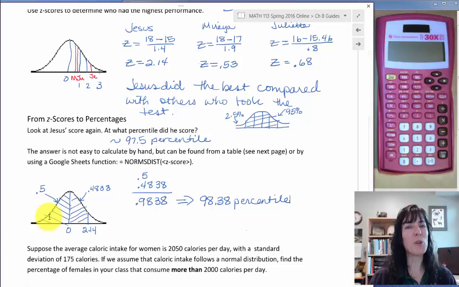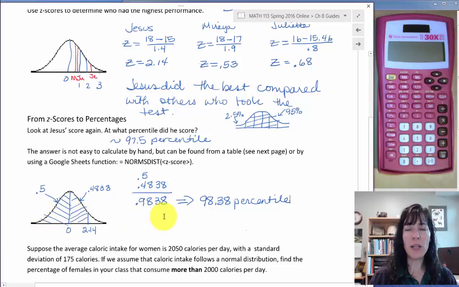And that's the definition of percentile. To the left, we have 98.38%, so that means that Jesus's test score is at the 98.38th percentile, putting him way above most students who take the test.